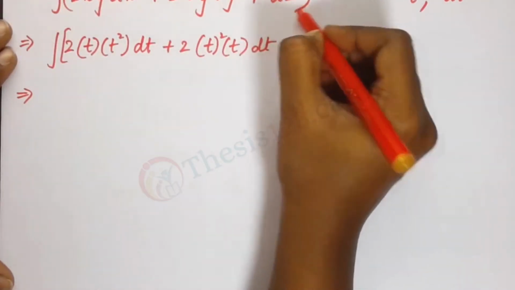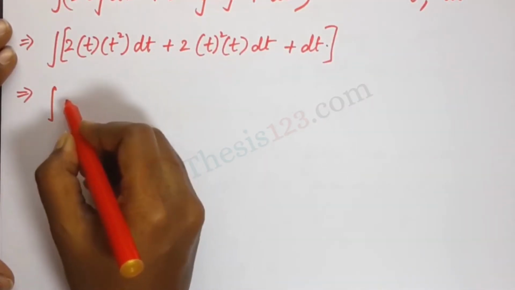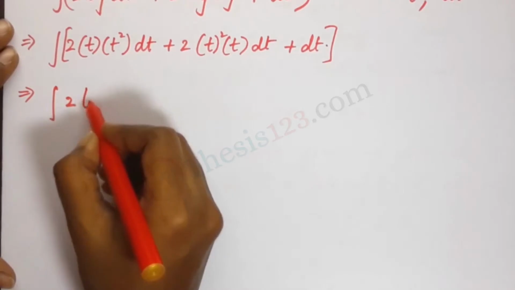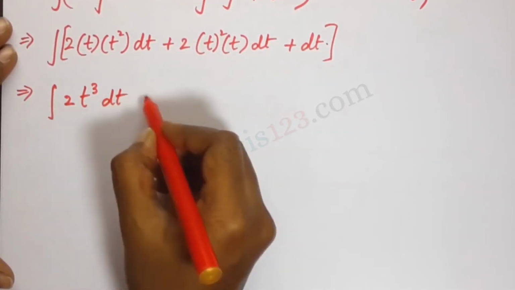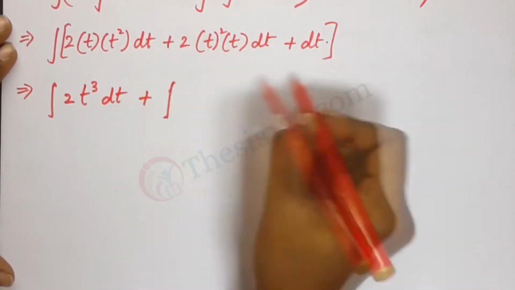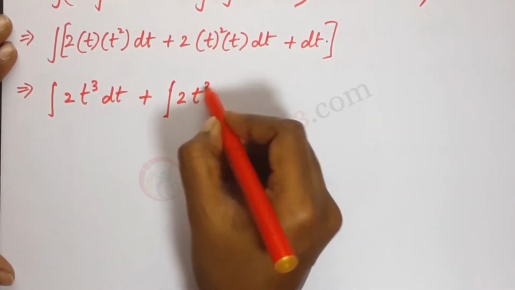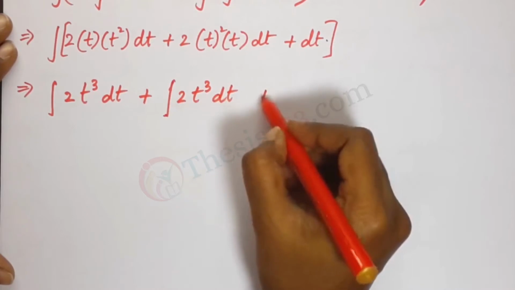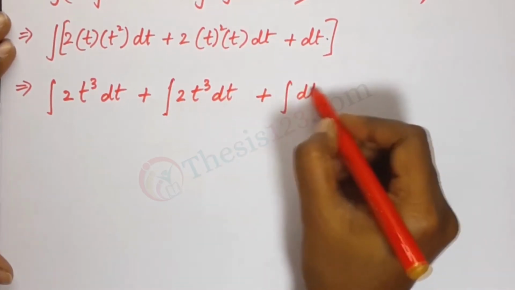Alright, next step, let's simplify this further. We get 2t cube dt. I'm going to split it, so I'm applying the integral for each term. 2t cube dt plus integral dt.